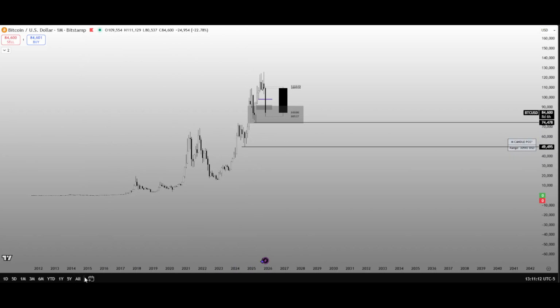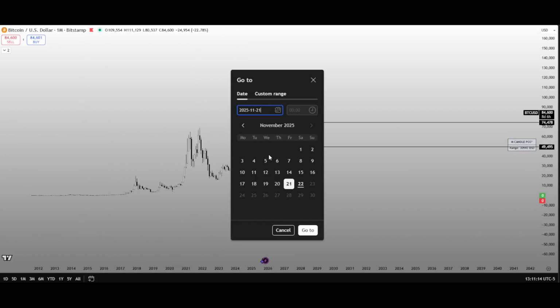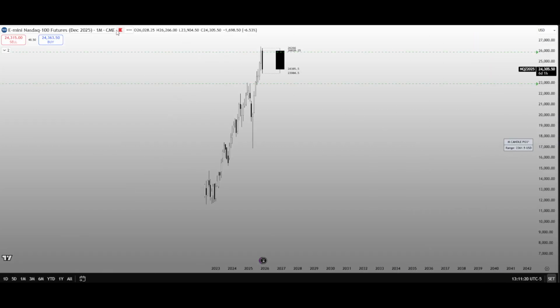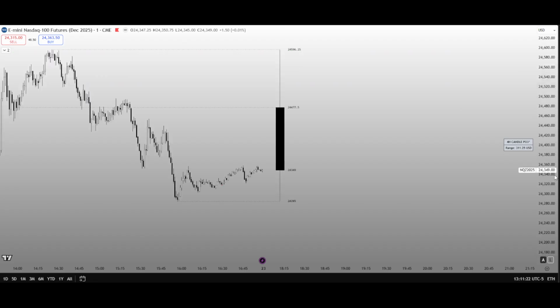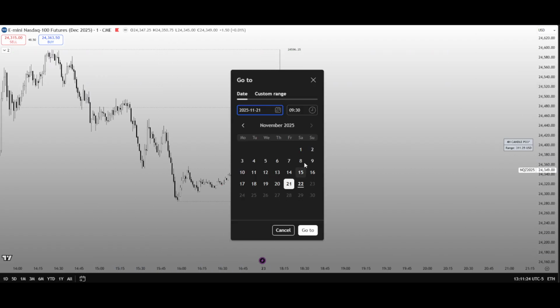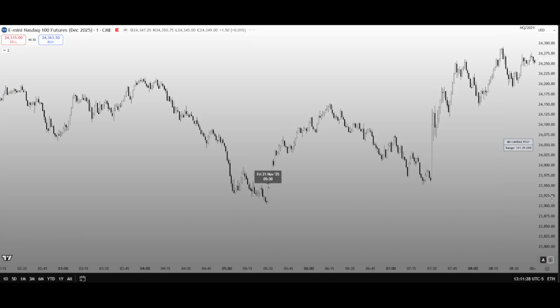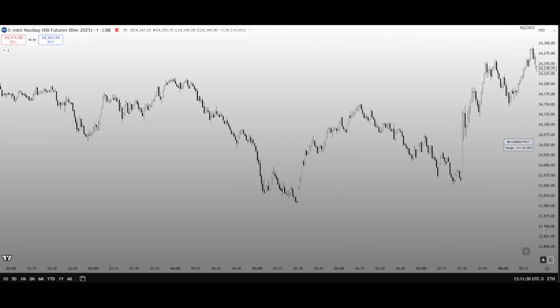Friday, 5:30 a.m. So the fact that you're trading at 5:30 a.m. is already concerning. That's not in the kill zone, so that's just bad in general. But I'll look at it. 5:30 a.m. Oh, I see it.